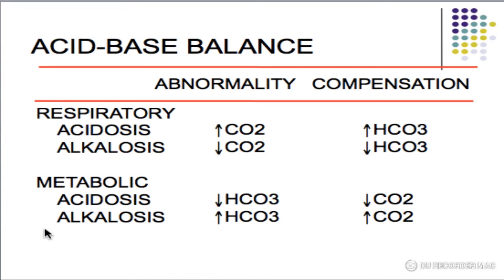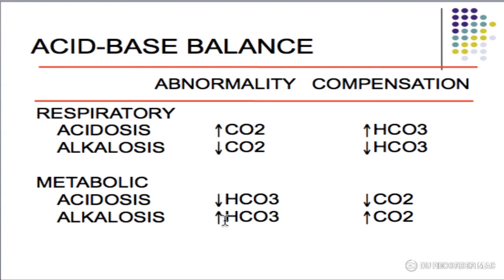So in metabolic alkalosis, there will be an increase in your bicarbonate, and alkalotic, no? There will be a compensation where your PCO2 will be acidotic. If your metabolic status is alkalosis, the compensation will be opposite, so the next parameter must be acidosis.